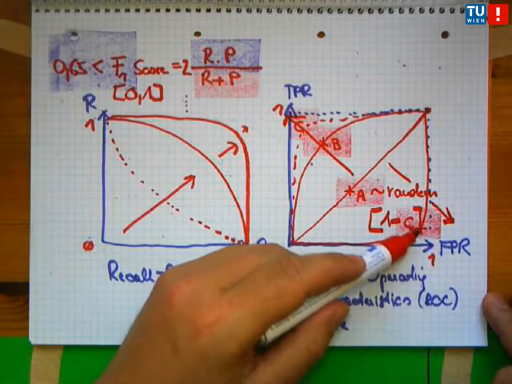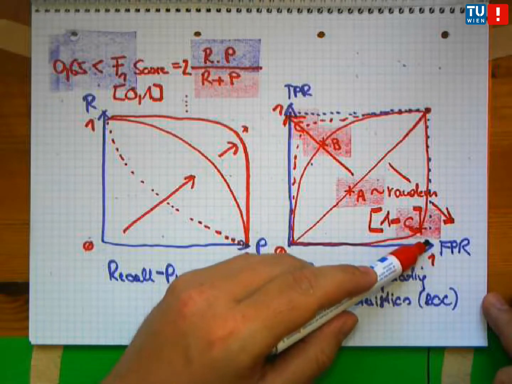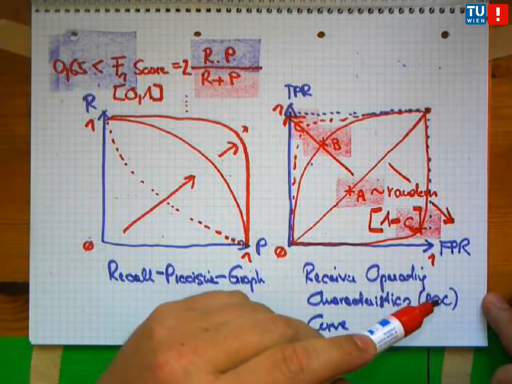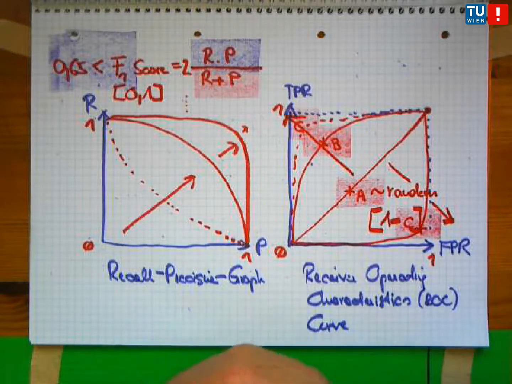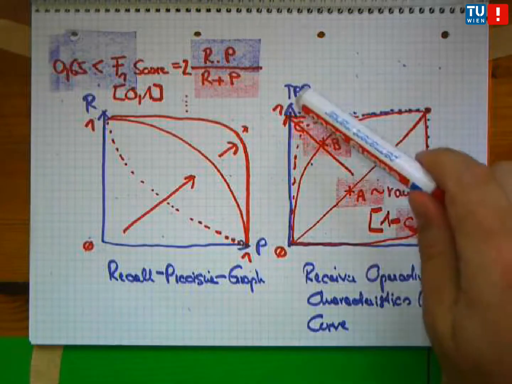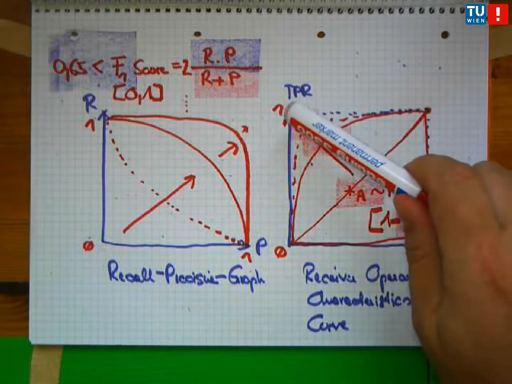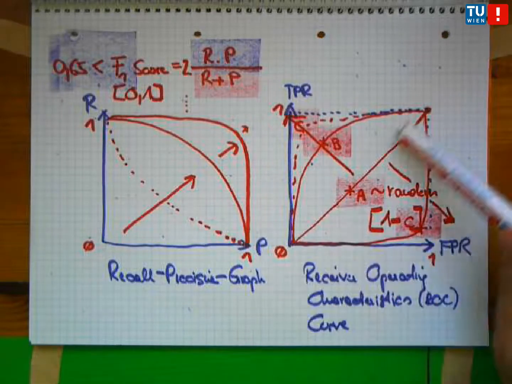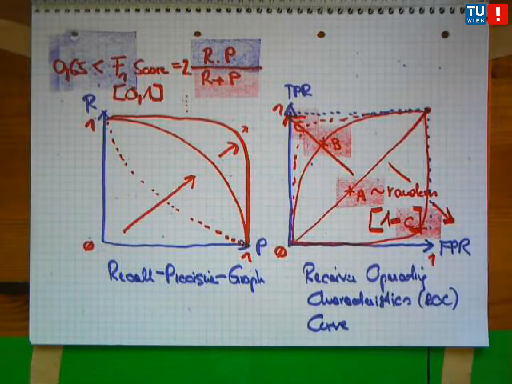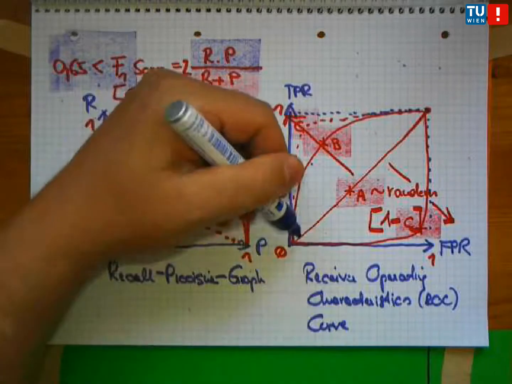Somebody who is always wrong in the binary case is a very good predictor. That's the ROC curve. When you look at the ROC curve, you always look for the 2 extremes. The further you are to the center, the less useful your classifier is. Well, now you might wonder, why is it a curve at all?